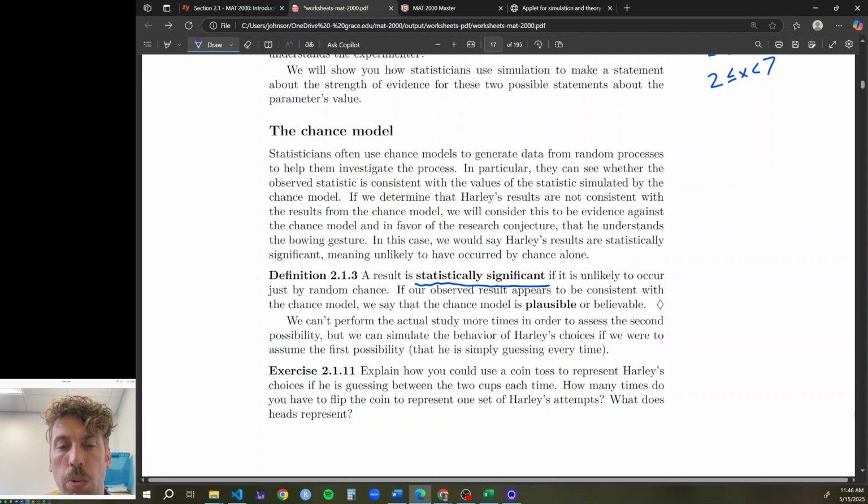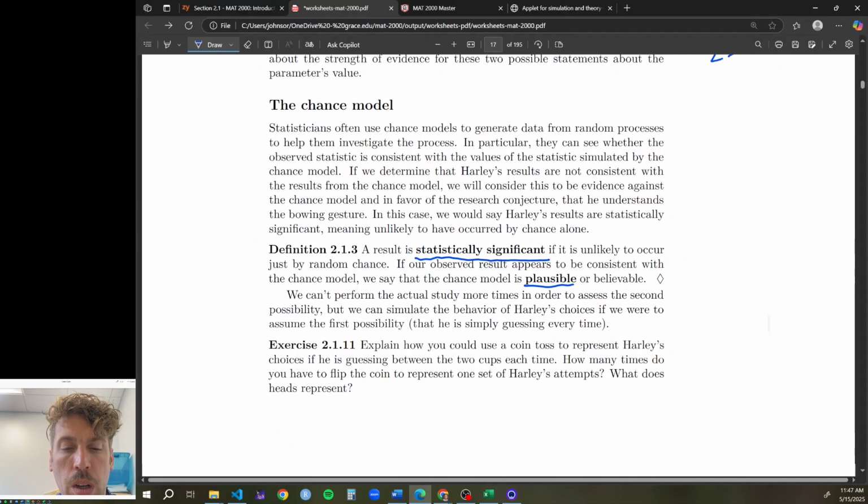So we're just going to use a common sense idea of statistical significance in this worksheet, but we're going to define it more rigorously later on in the course. If we observe a result that appears to be consistent with the chance model, we say that our chance model is plausible or believable. So it's statistically significant if it's unlikely to occur by chance, and otherwise it's plausible.